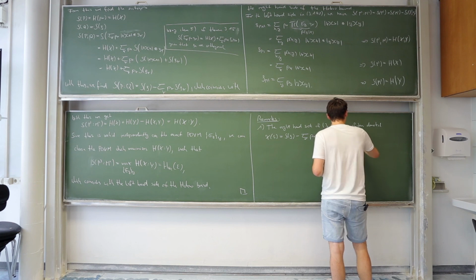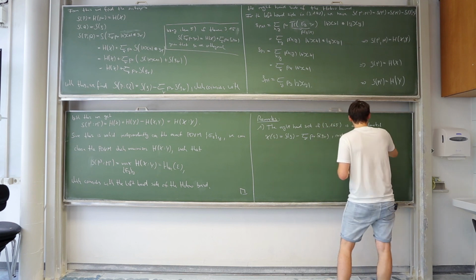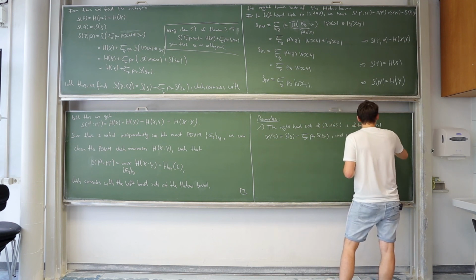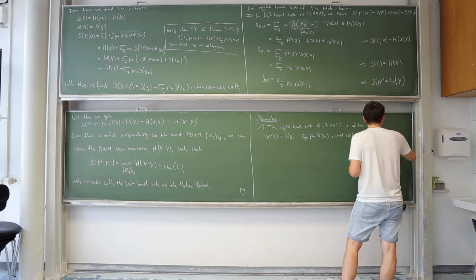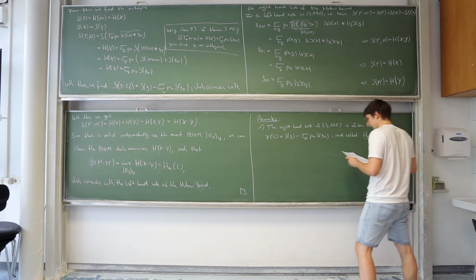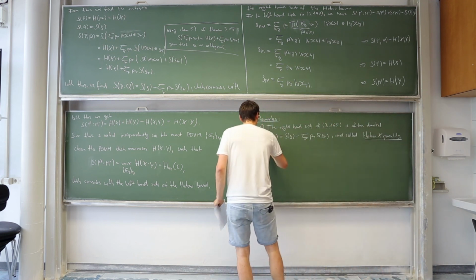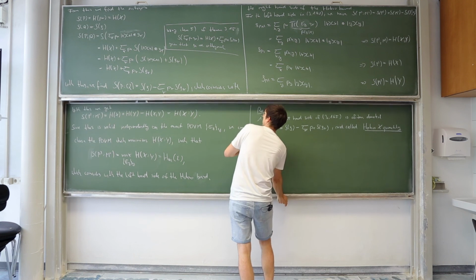And it's called the Holevo chi quantity, or Holevo information.